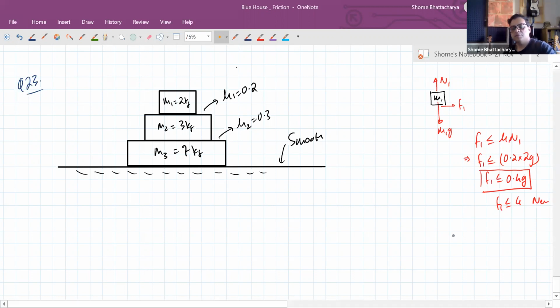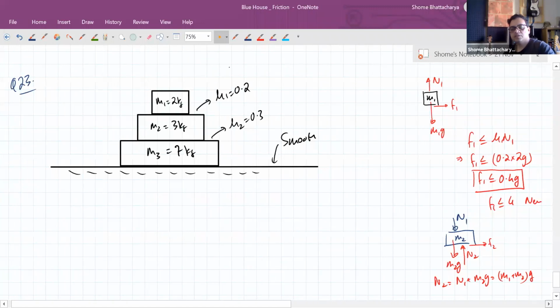Similarly, if you now see M2's free body diagram, there is this normal reaction N1 acting like this. There is its own weight and there's normal reaction N2 acting like this. If there's friction here, N2 is equal to N1 plus M2g, so it is a combined weight.